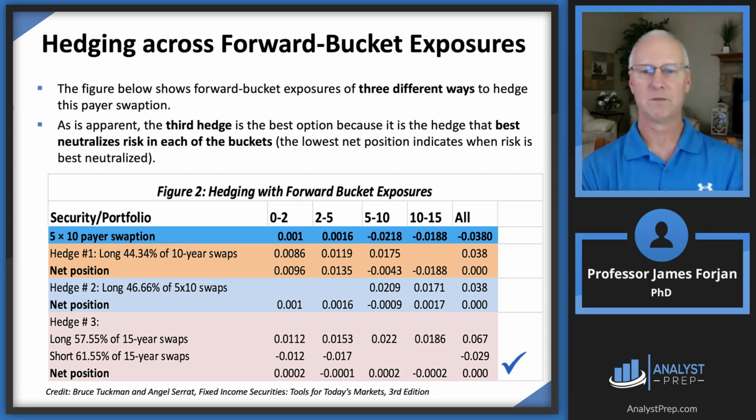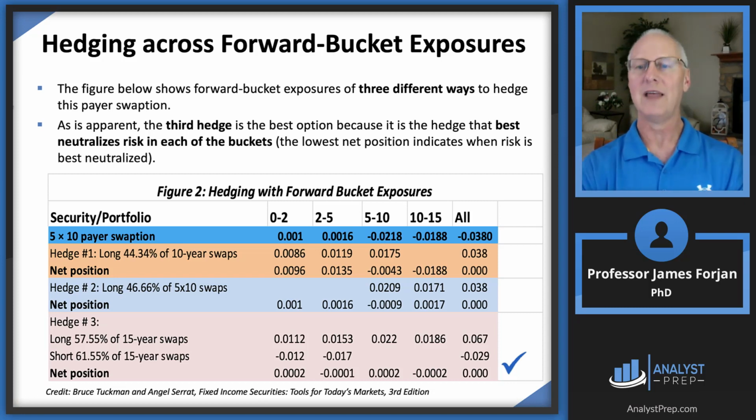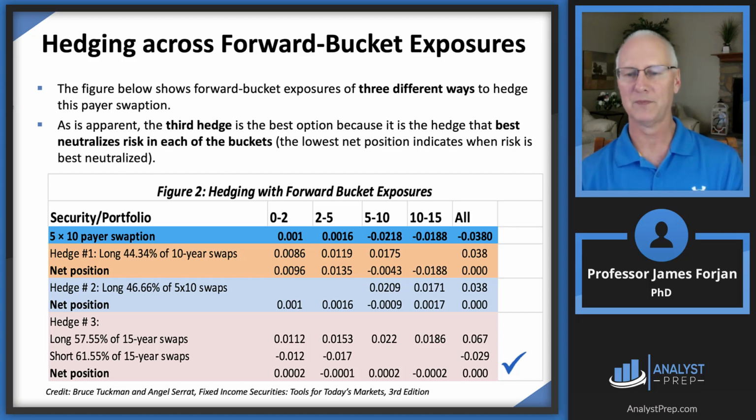But notice, if we look at the individual buckets, look under hedge 1, that net position, we've got under the 0 to 2 bucket, we've got 0.96. The 2 to 5 bucket, we got 0.135. And we got a minus 0.043. We got a minus 0.0188. Now they sum to 0. But skip down all the way to the third hedge and notice how much smaller that net position is.